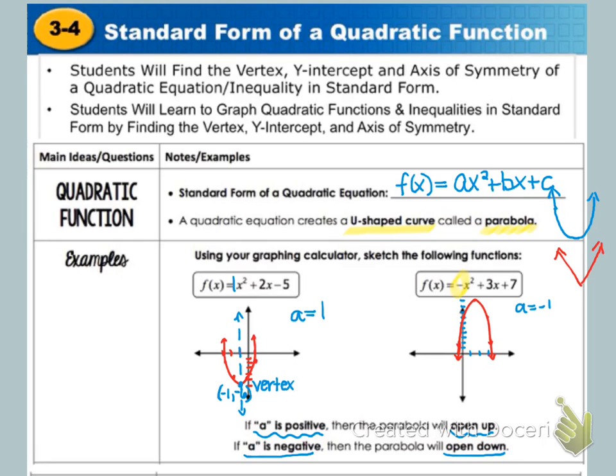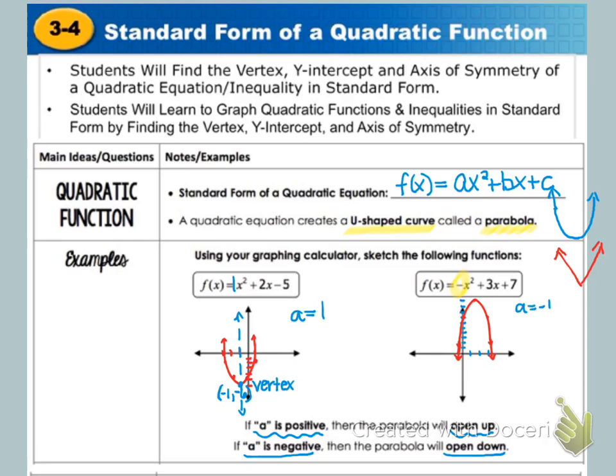So it's very similar to the absolute value. When we had a negative out in front of the absolute value, it reflected the graph downward. And that does the same thing with our parabola. So if our leading coefficient, or that a, which is the coefficient of the x squared, is negative, your parabola will open downward, a sad face parabola.